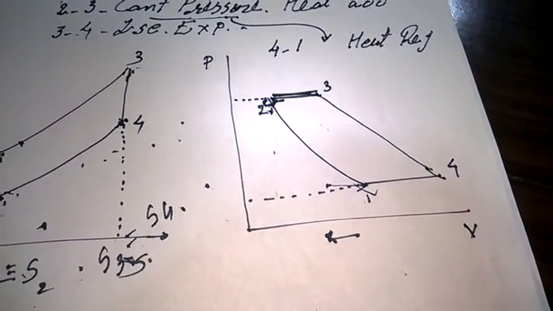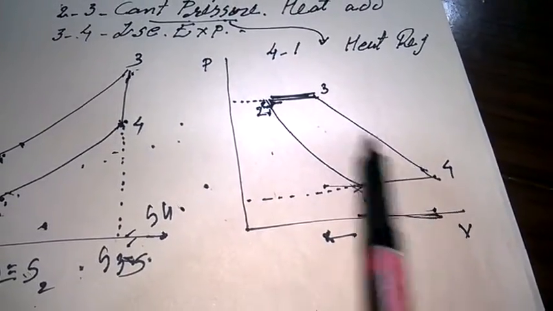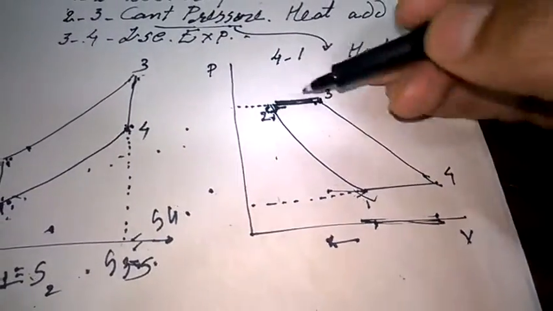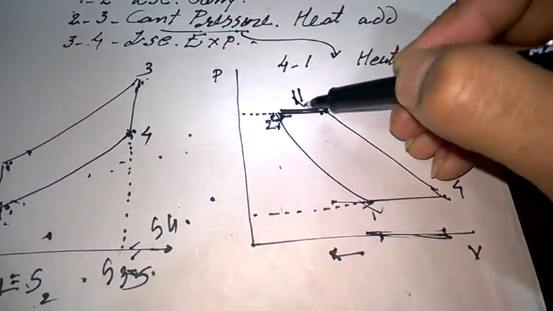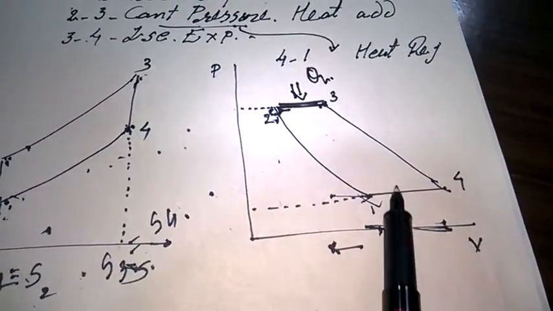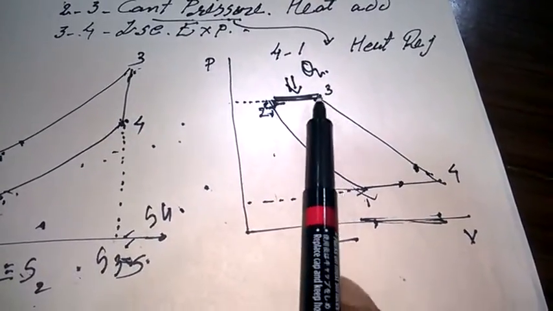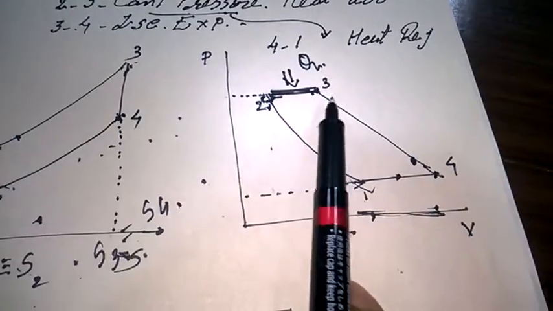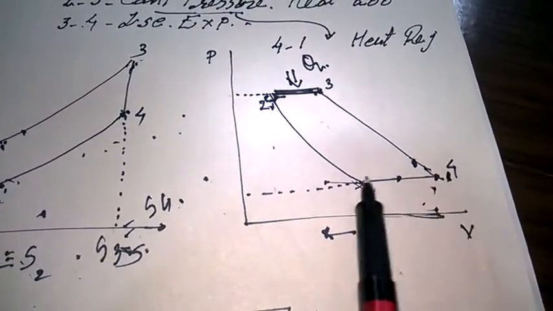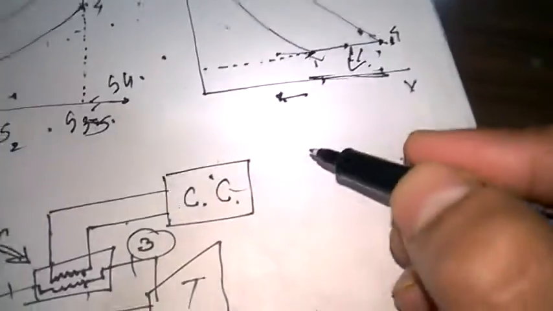During the heat addition process, volume is increased but pressure remains constant, so constant pressure heat addition, that is Q here. Now 3 to 4, isentropic expansion in the turbine. Obviously expansion, so volume is increasing. And 4 to 1, heat rejection.